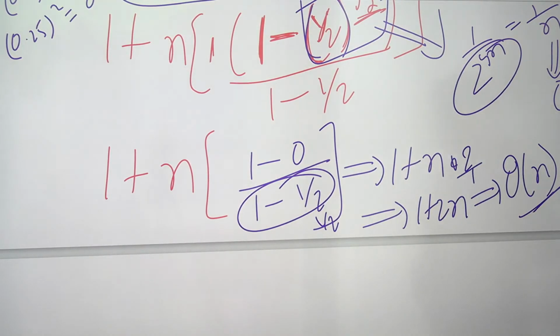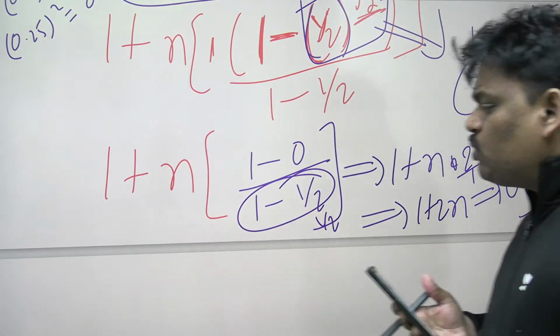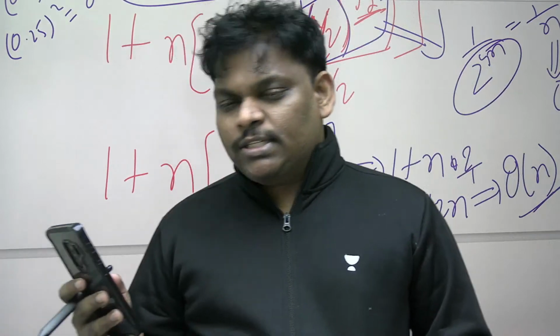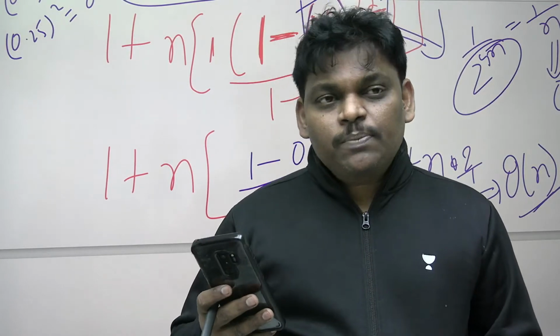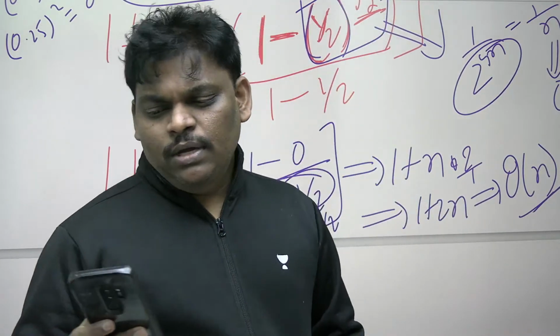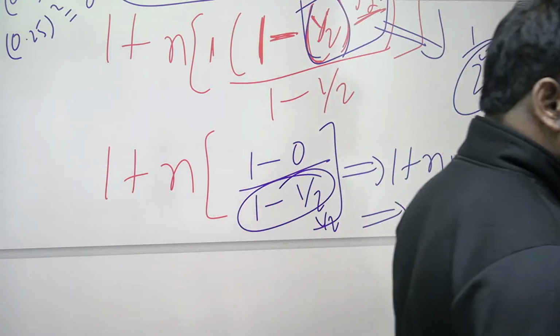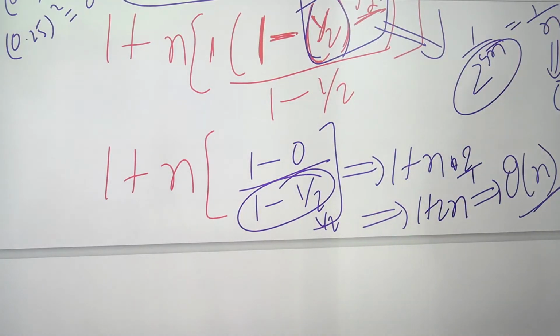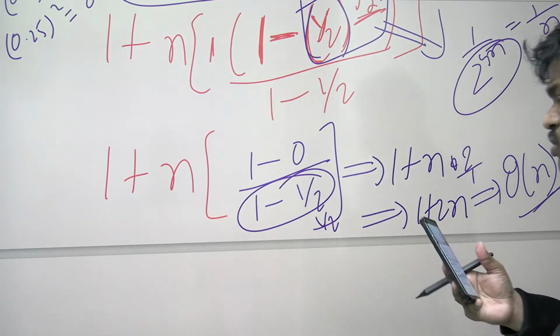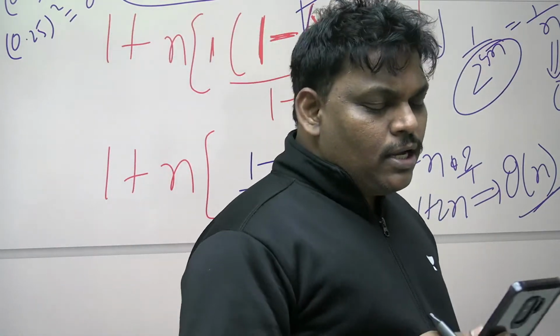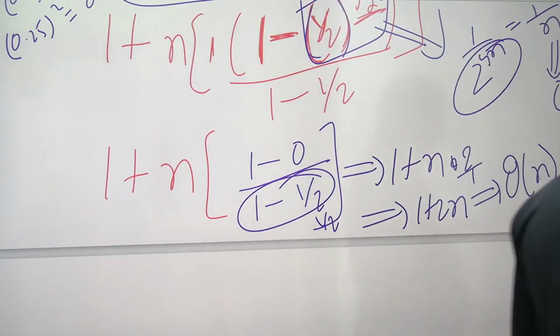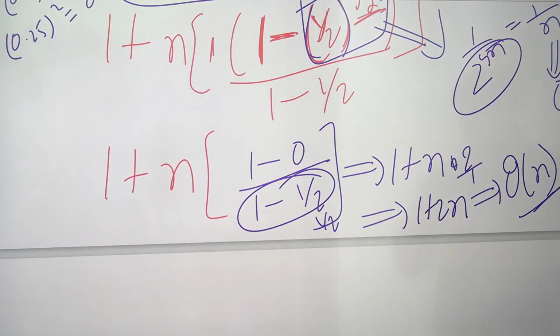Recursive tree method will do few. Substitution method will do many problems. Every problem can be solved using substitution method. It may be time consuming, but it will solve every problem. You have to study all the methods.